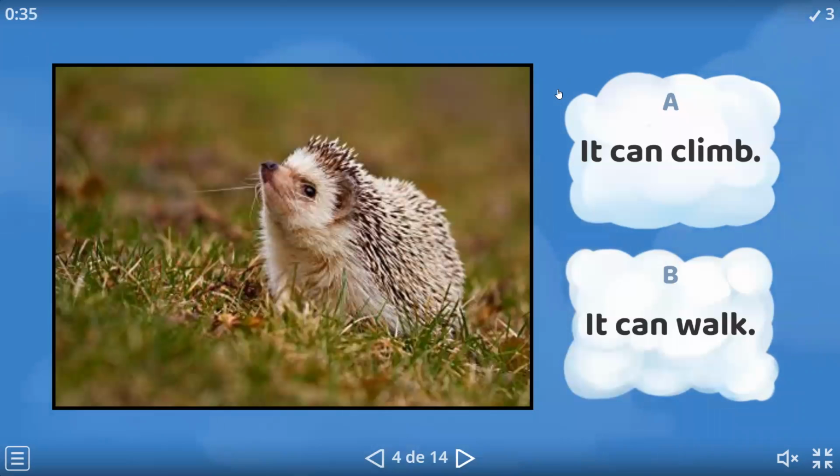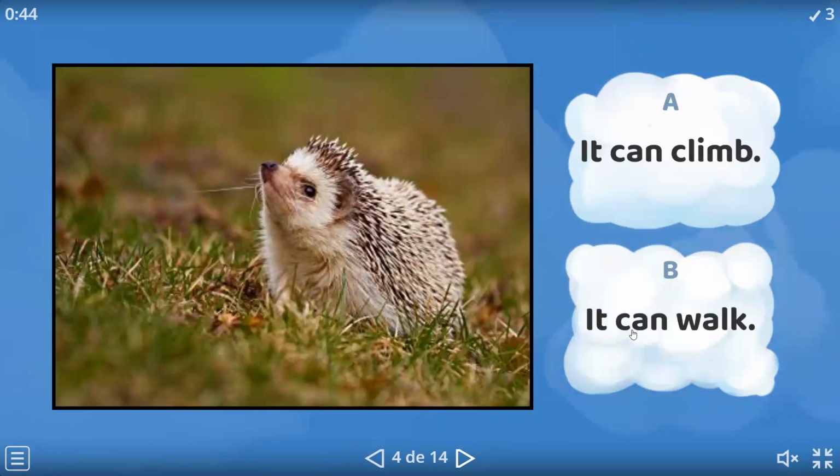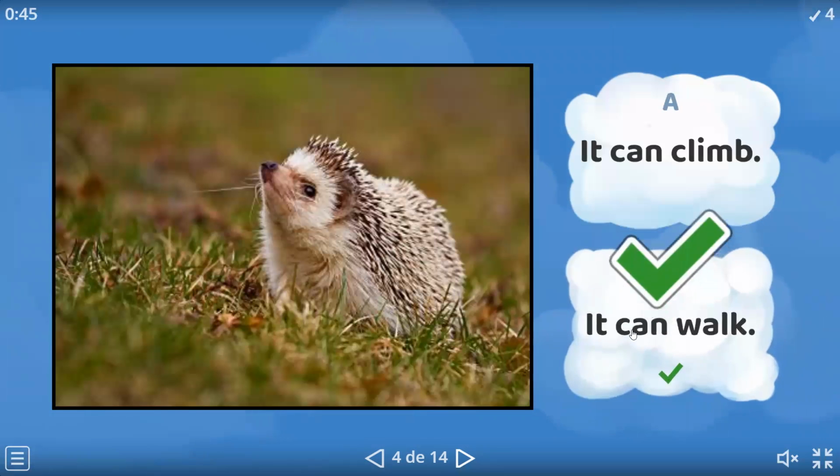But in English? I don't remember. That is similar, because that would be porcupine. Yes, that's the same, exactly. And it can walk, right? It cannot, it can climb, no, it can walk, yes.